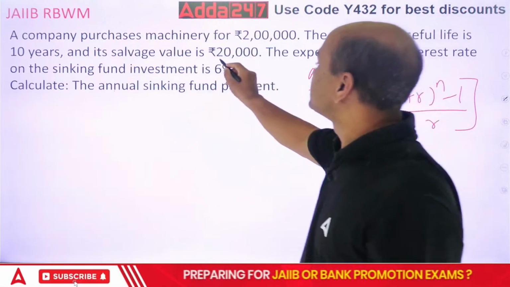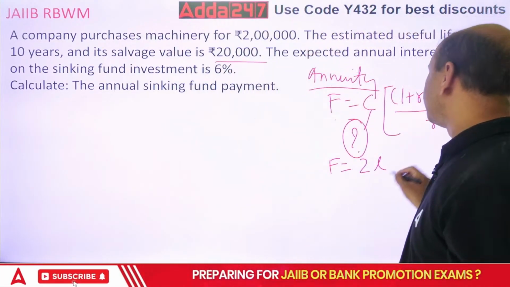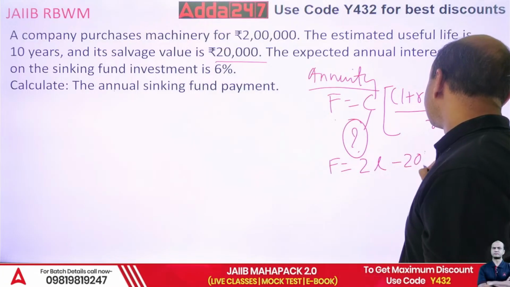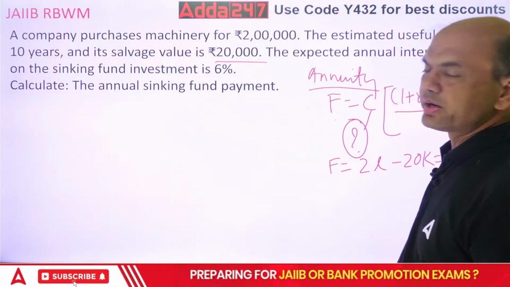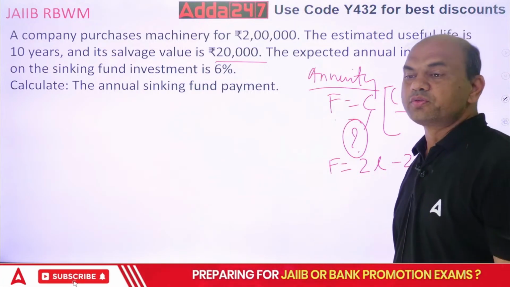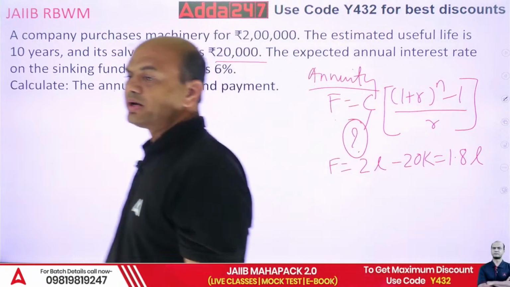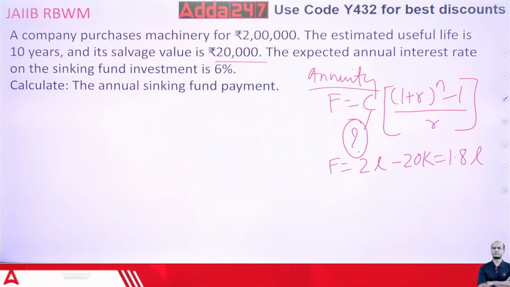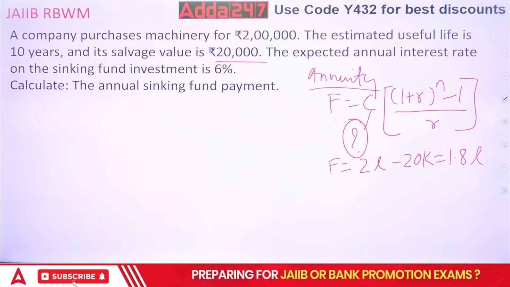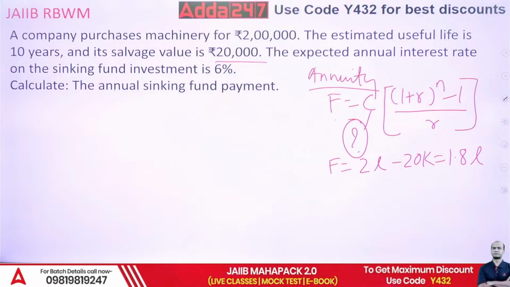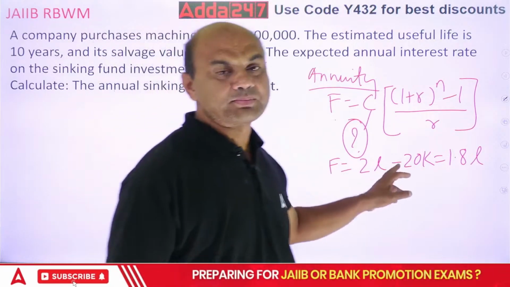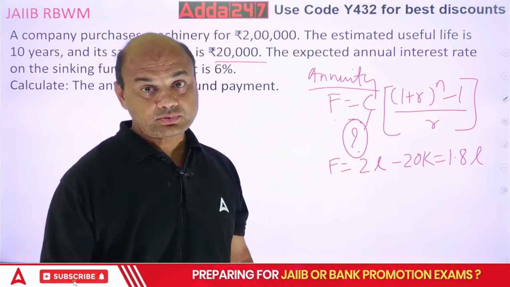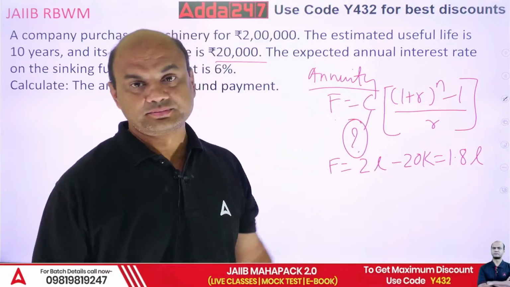See, salvage value is to be subtracted. 2 lakh minus 20k, so it is 1.8 lakhs. So that is your F, the future value. Everyone understood this? This is very important, because you need to understand that the value here is to be taken after subtraction of salvage value. You need not take 2 lakhs directly.